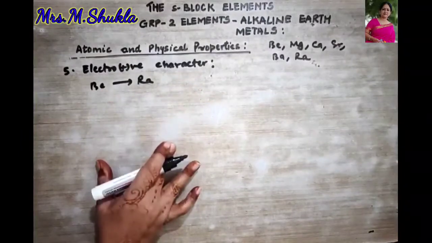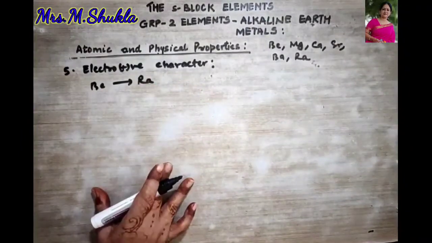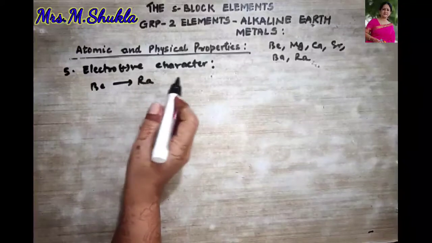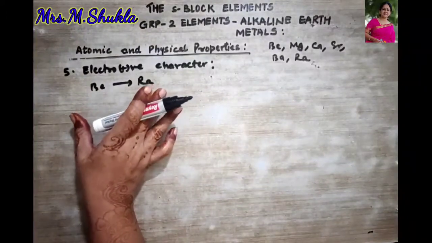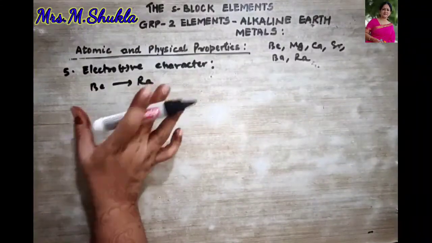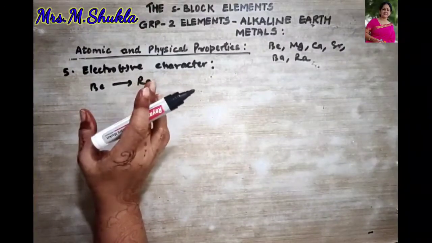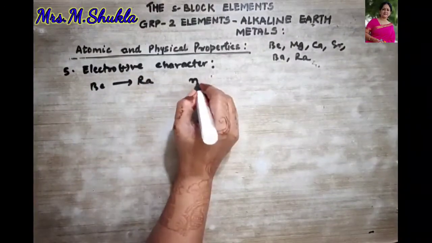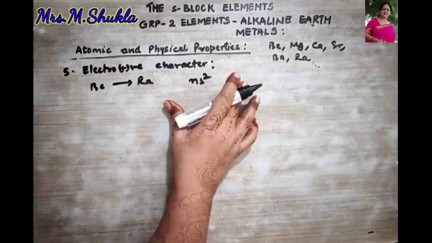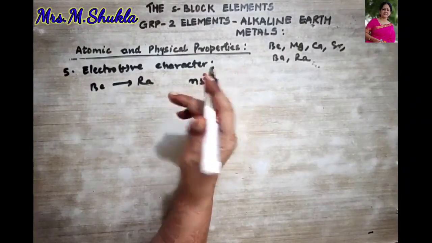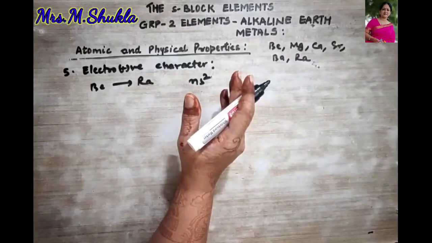But in the group, what is happening? Because atomic number is increasing, therefore the electropositive character is also increasing. The alkaline earth metals act as strong reducing agents. Why? Because they have ns2 valence electrons which they can lose in a chemical reaction.